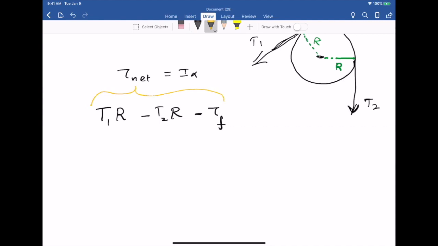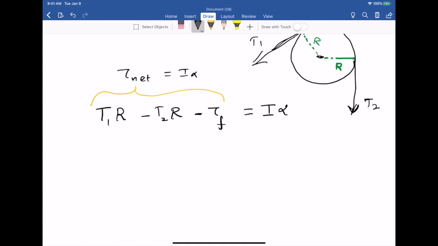This is our net torque, right? And now we have to set this equal to I alpha. And that's our third equation from Newton's second law. We had to apply Newton's second law in rotational form to get one more equation, right?